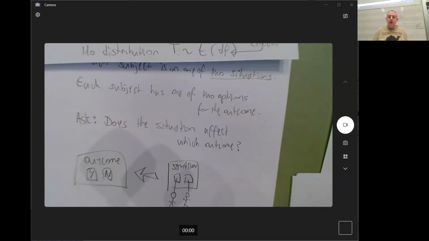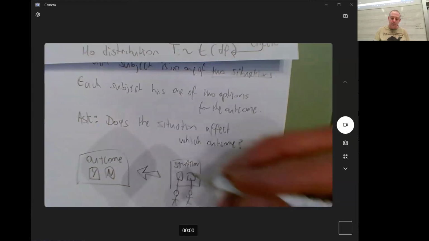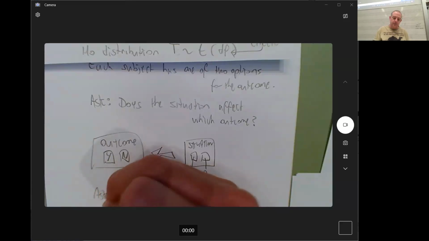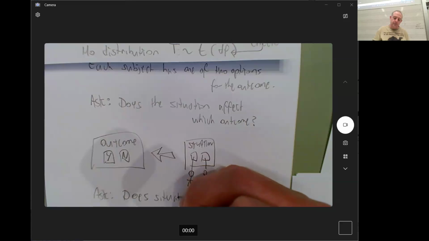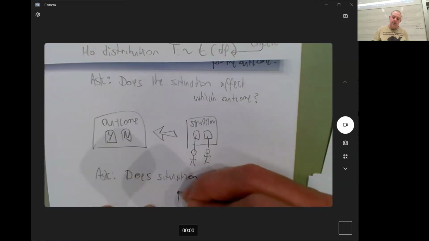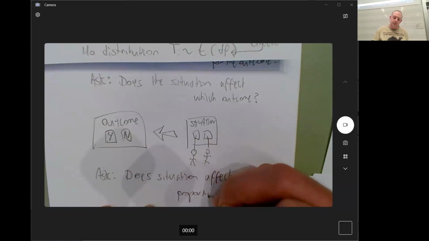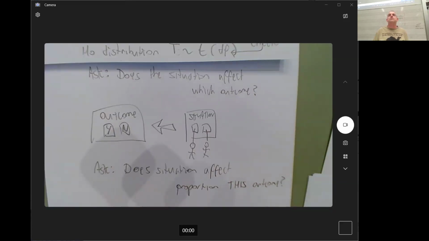And so instead of saying, does the situation affect which outcome, we're saying, does the situation affect the chances of getting a specific outcome? Affect the proportion with this outcome. So you've got to pick one.